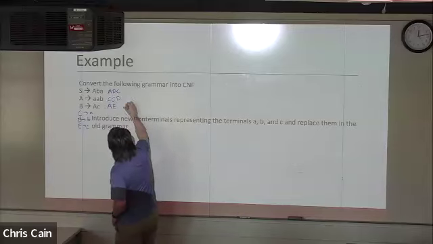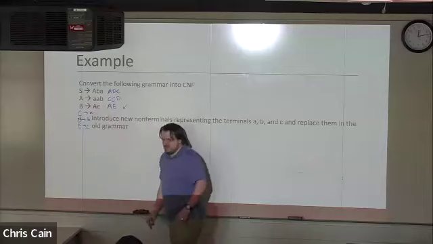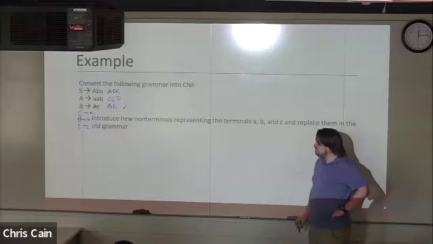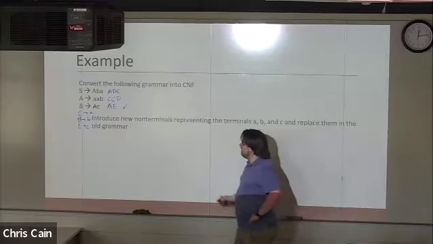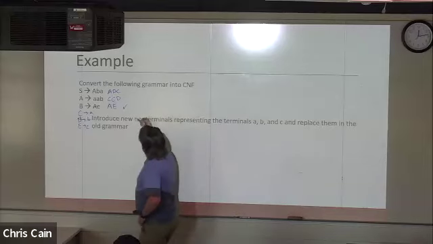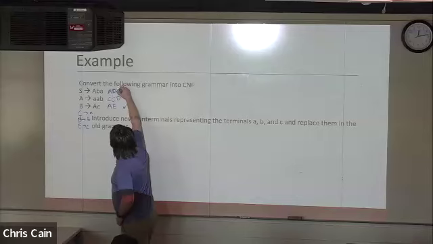So this is already in CNF, so we don't need to do anything to it. But we need to break apart these first two. So we need some way now to represent DC.